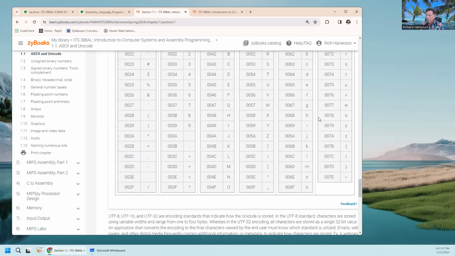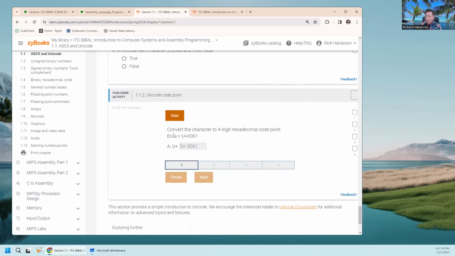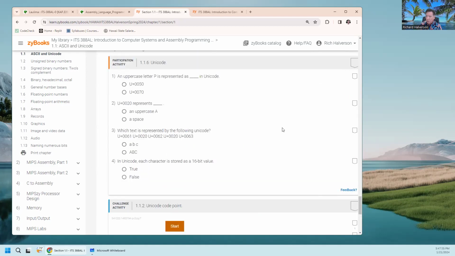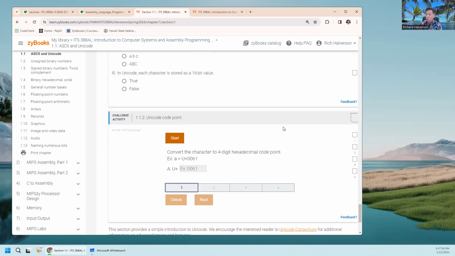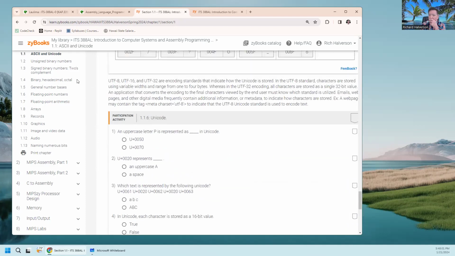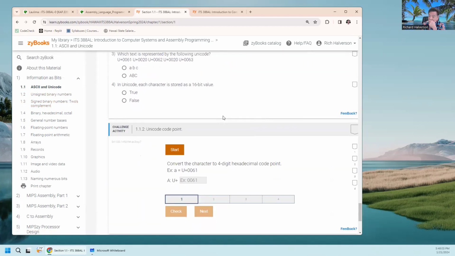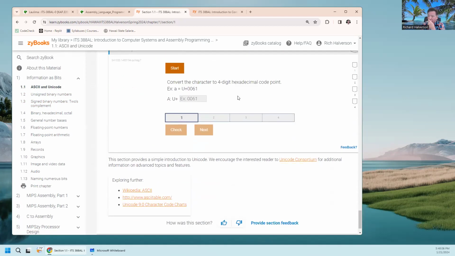Okay, I better pick it up here. Convert the character to a 4-digit hexadecimal code point. Have we talked about hexadecimal already? Okay, so A equals U plus that.